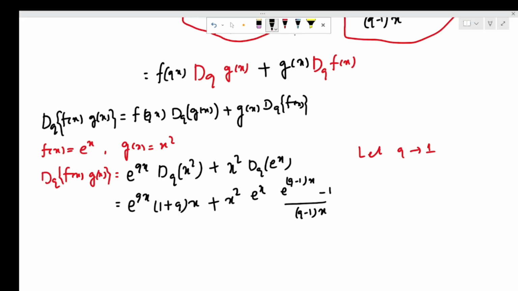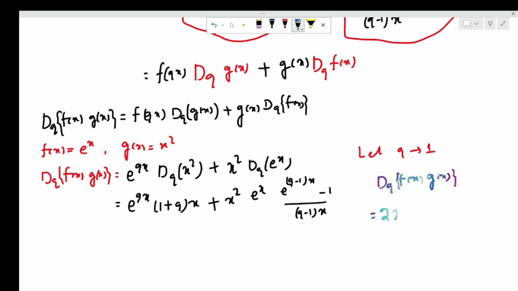So D_q of f(x)g(x): this one will be e to the power 1 into x, so e to the power x, and this is 1 plus 1, 2x.